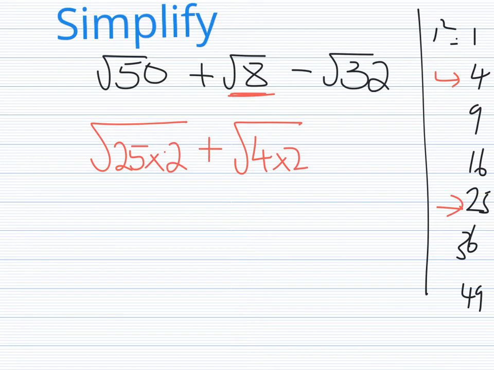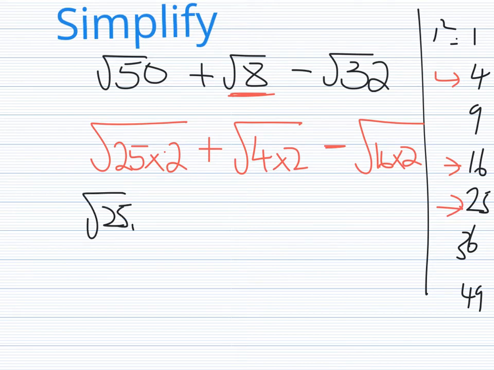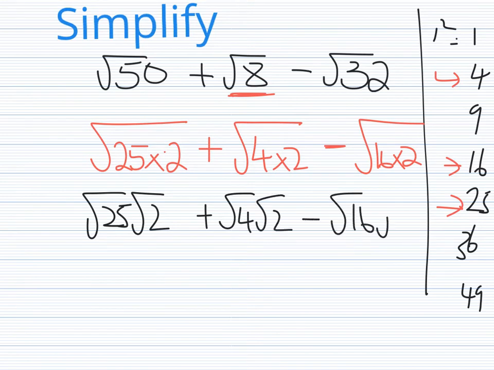So that's a plus, and minus this one here, 32, 16 times 2. That's how I could write it there. So if I was to rewrite that, then that'd be root 25 by root 2 plus root 4 by root 2 minus root 16 by root 2.